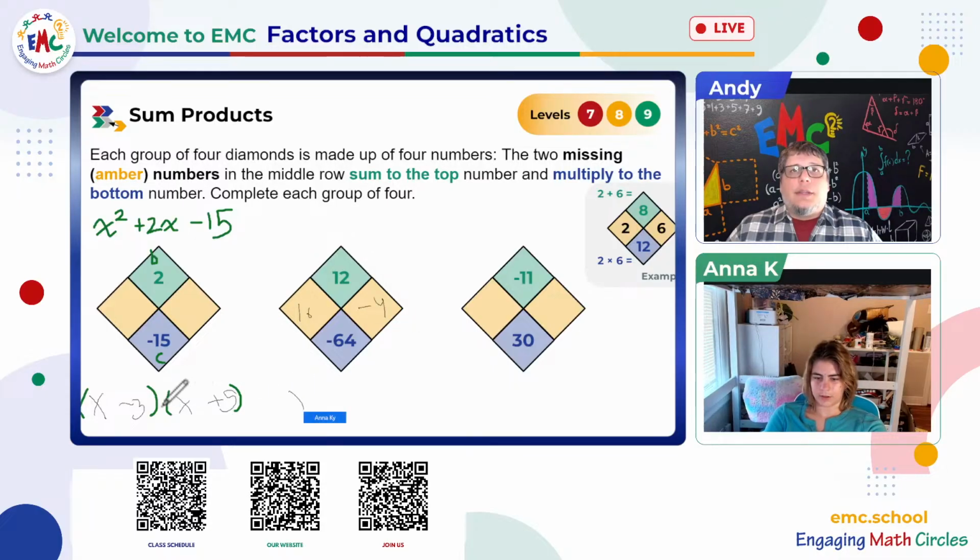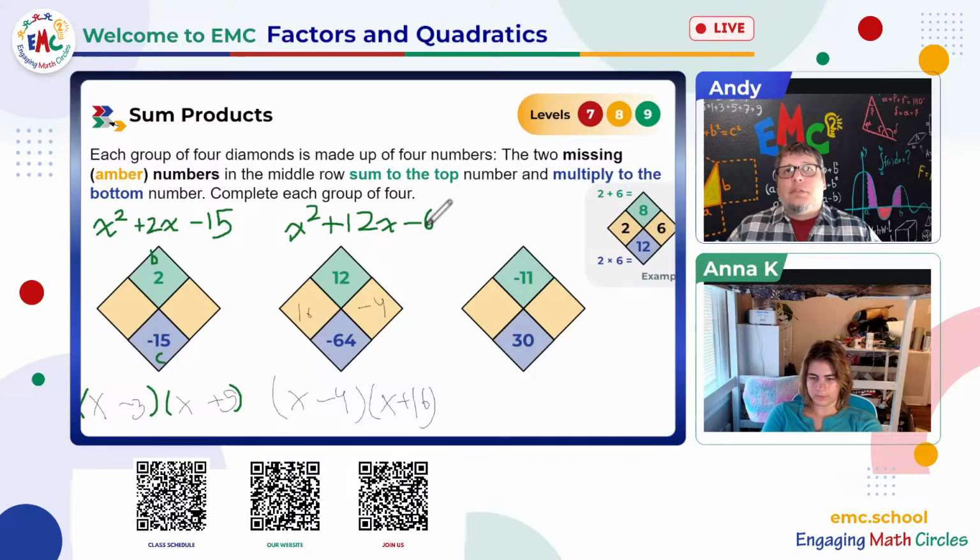So x minus 4 and x plus 16. Awesome. Super job. Now we've got an x squared plus 12x minus 64 that we've factored to give us x minus 4, x plus 16.